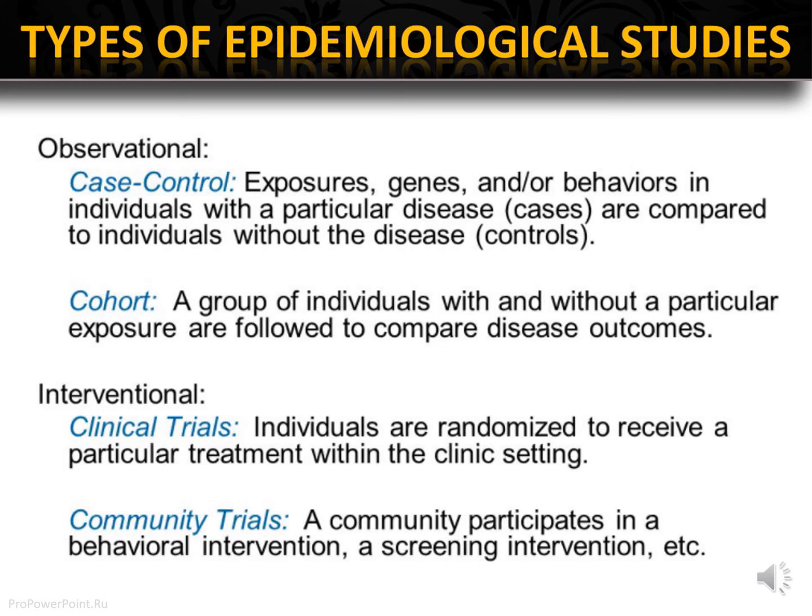and these positions are compared to individuals without the disease. When we characterize case control, we have two groups: an exposure group and a group without the exposure factor, controls, and then we compare the results in one group with the results we got in the other group. In a cohort, a group of individuals with and without a particular exposure are followed to compare disease outcomes.